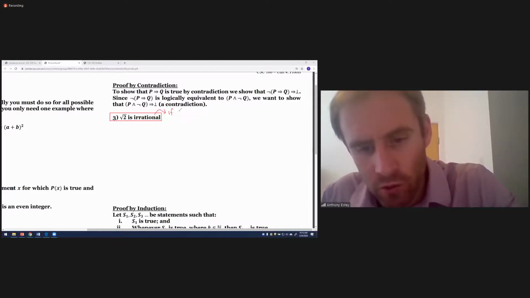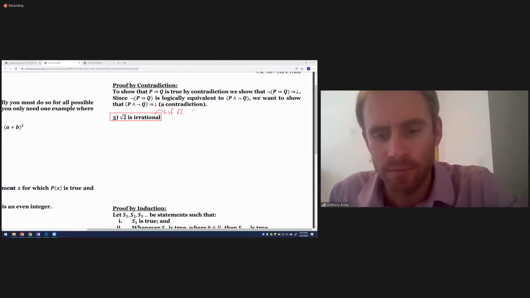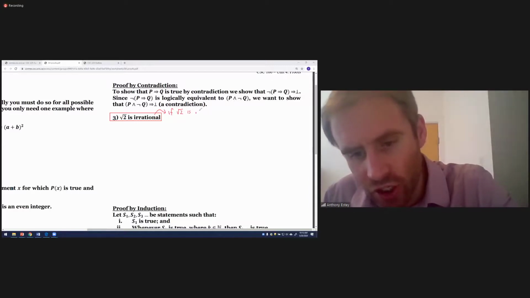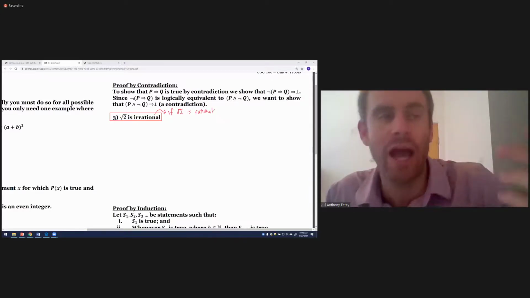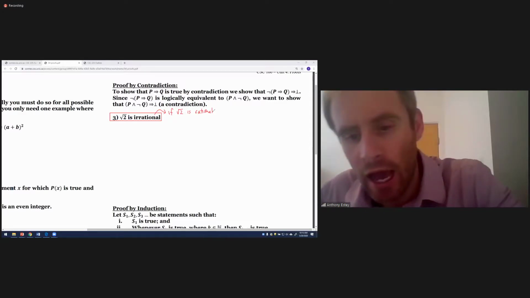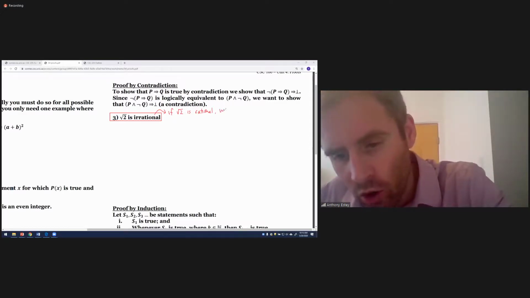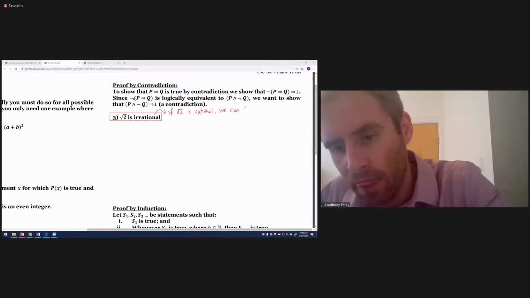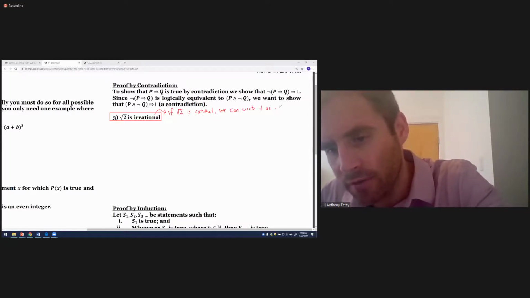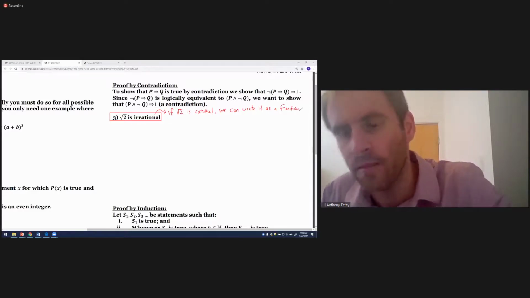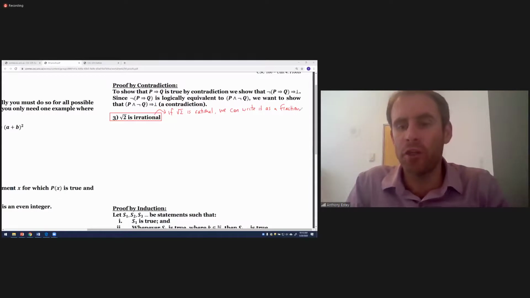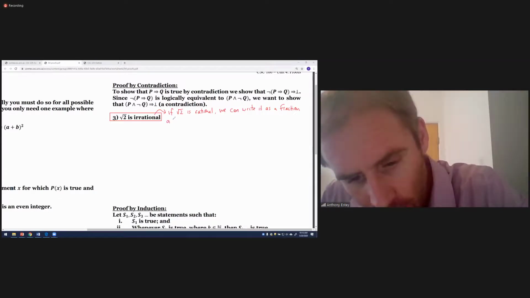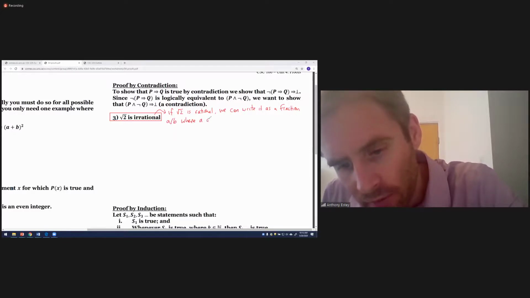If root 2 is rational, a rational number just means that we can write it as a fraction of two integers, a over b, where a and b are integers.